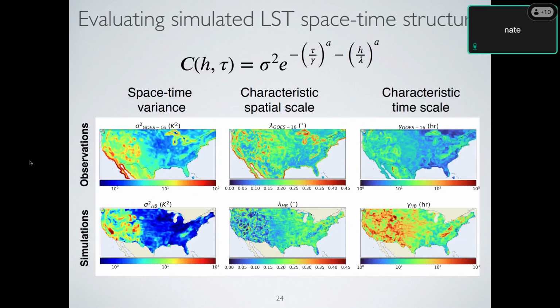Long story short, we still have a lot of work to do to actually represent the space-time structure. If we want to get these secondary circulations represented within our models, and this is the case for climate models but also for short-term weather prediction, if we want to get these mesoscale circulations represented appropriately, there still is work to be done in making sure that our land models are actually getting that space-time structure of the land represented well. Next slide.